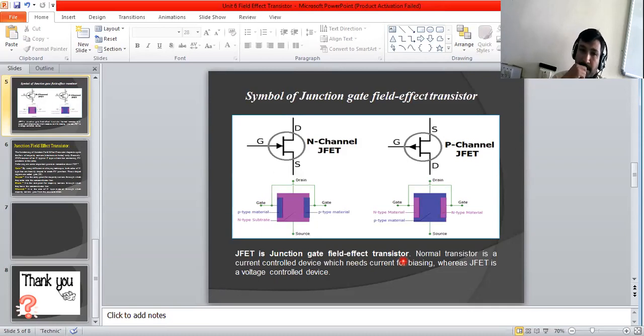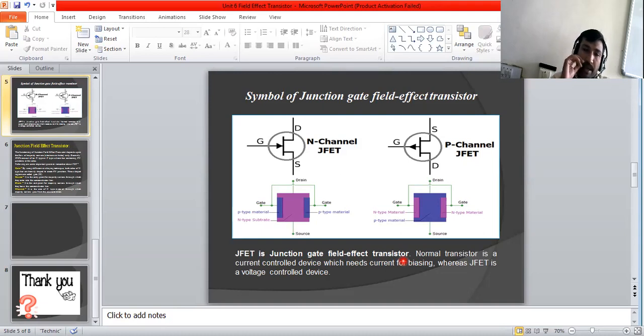Any doubts up to here? No, sir. Let's go through a quick revision of whatever we have seen. We have started unit number 6, the field effect transistor. After that we discussed the syllabus. After that we see the FET.